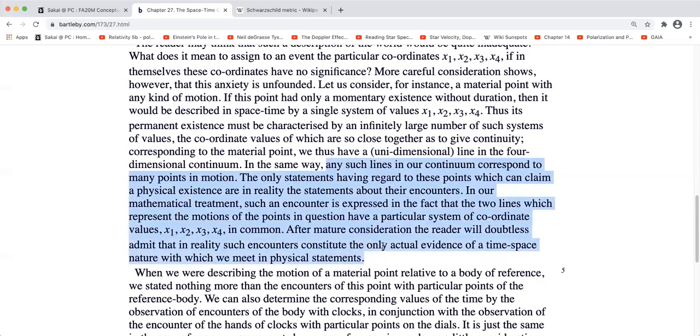Let's see. Chris Hart, are you with us? Yeah, I'm here. Would you mind reading the text in blue, please?